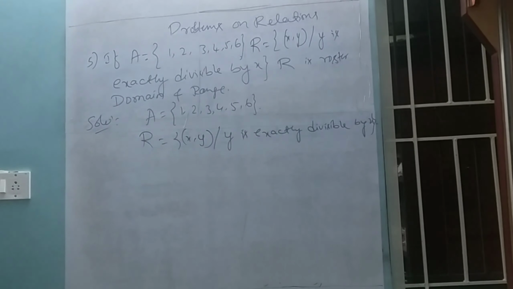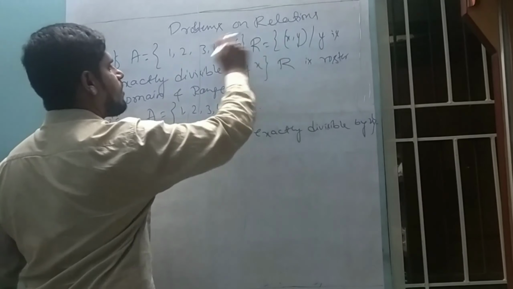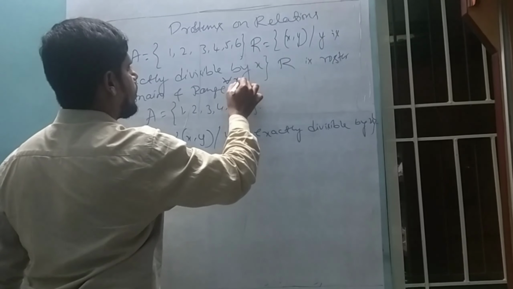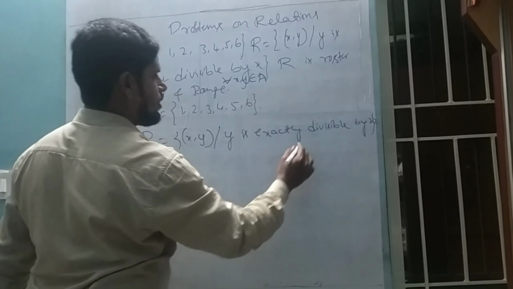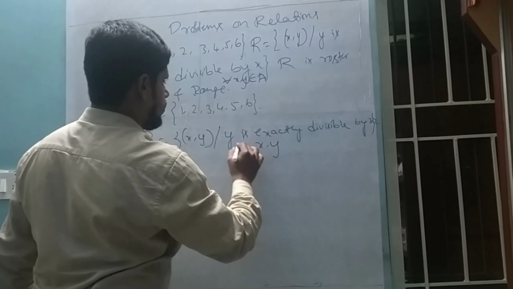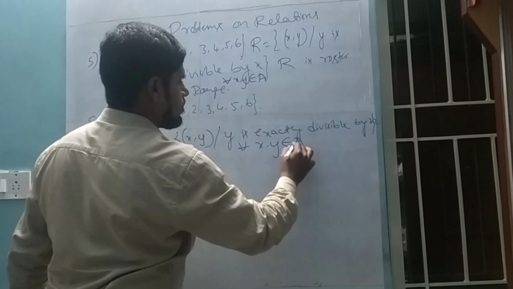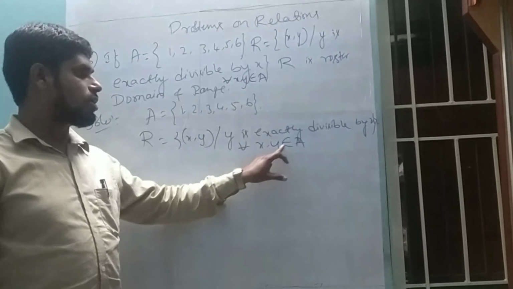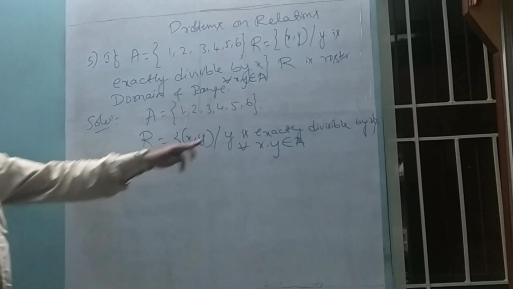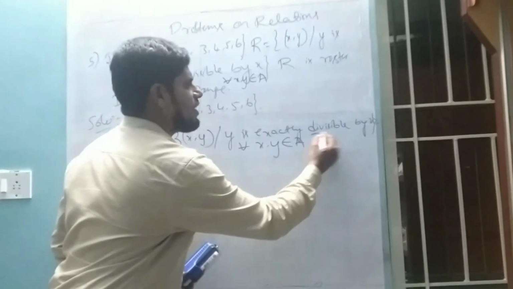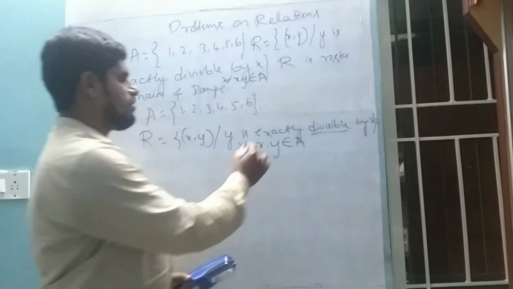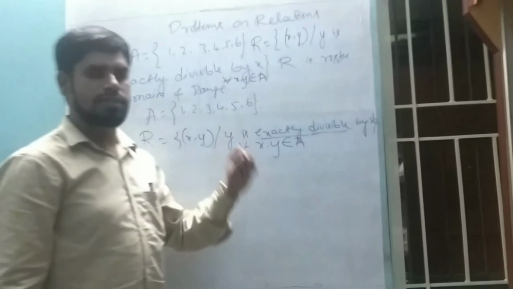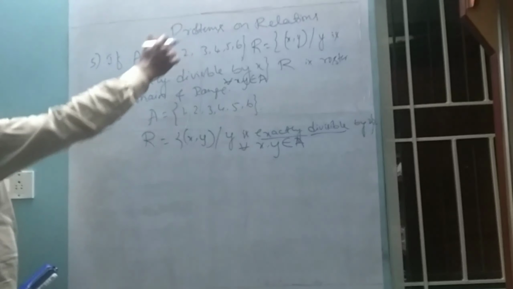Obviously, for all x comma y belongs to set A. This is very important. It must belong to set A. Exactly divisible. I could have written divisible, but exactly means we don't want any decimals. We want direct numbers. So let us see what the numbers are.